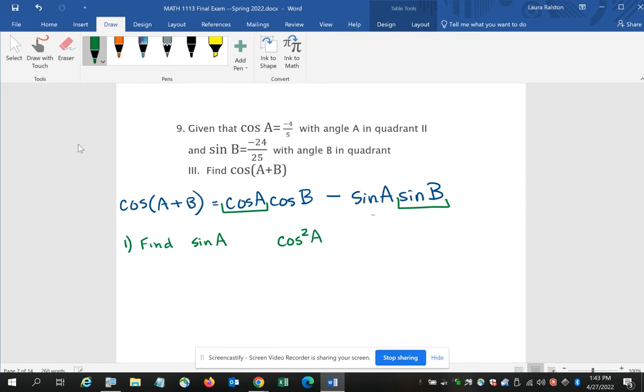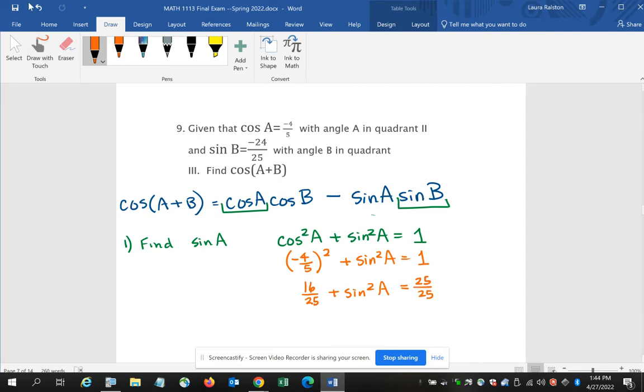Cosine squared A plus sine squared A equals 1. I'm going to do the substitution. Cosine A is negative 4/5, so I have negative 4/5 squared plus sine squared A is 1. So I have 16/25 plus sine squared A equals 1 whole, and I'm going to write that as 25/25.